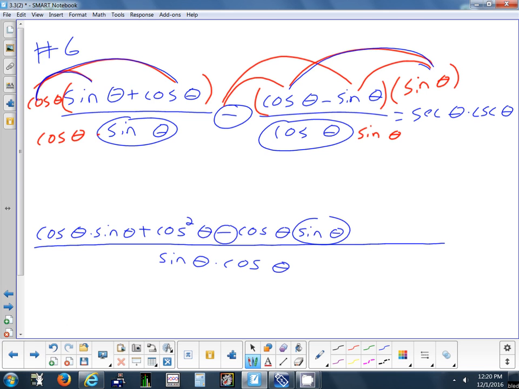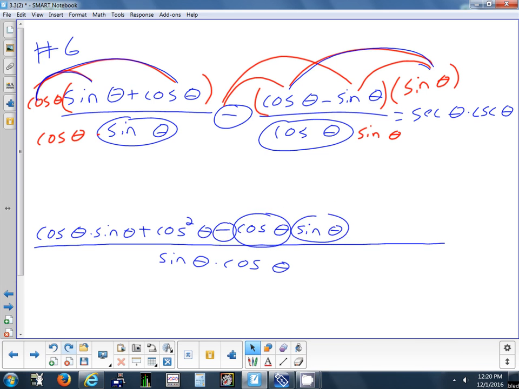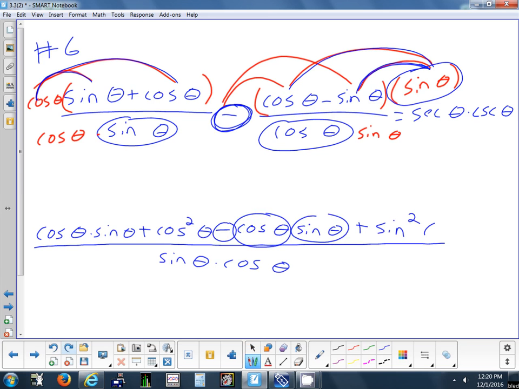There's my minus, there's my sine, and I multiplied it by the cosine right there. All right. And next, we've got sine times, or I'm sorry, that's a negative sign times a negative sign, because I'm distributing that negative with that sign. So that's negative sine times negative sine, which is plus sine squared.